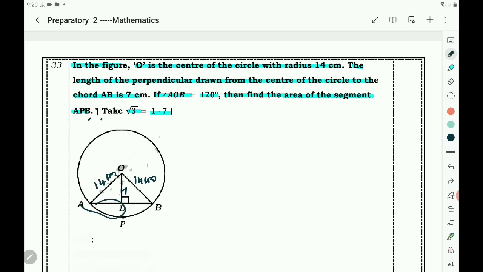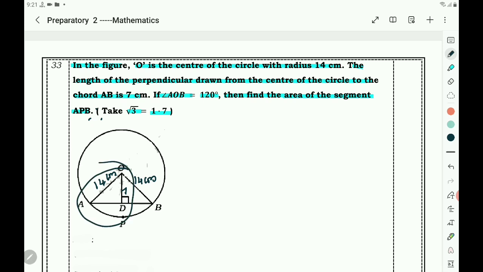If you get AD, then you will get AB by multiplying AD by 2. But how will you get AD? Here you can use two different methods: one is by using trigonometric ratio and the other is by using Pythagoras theorem.